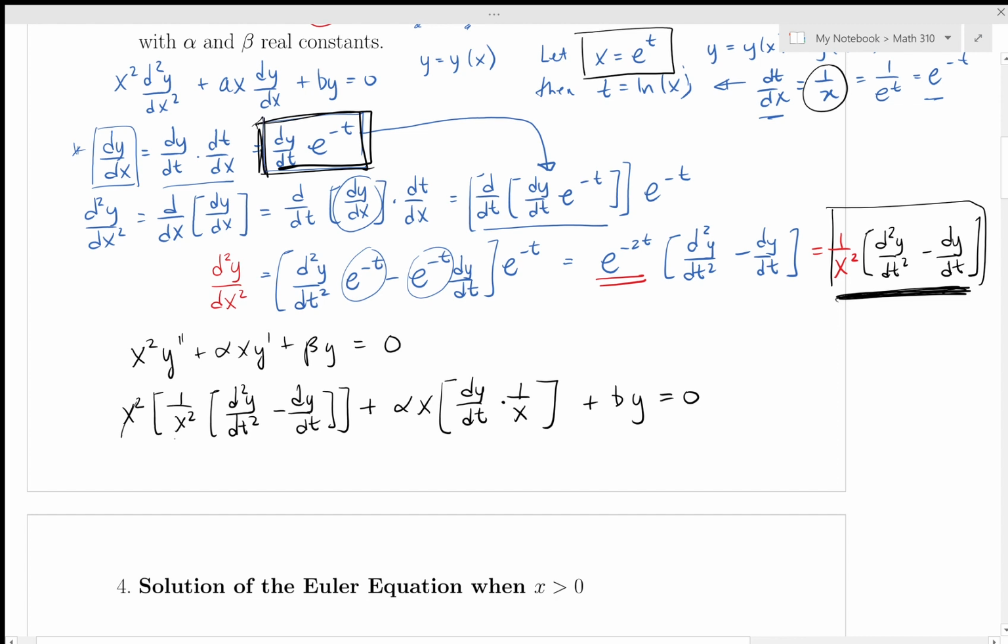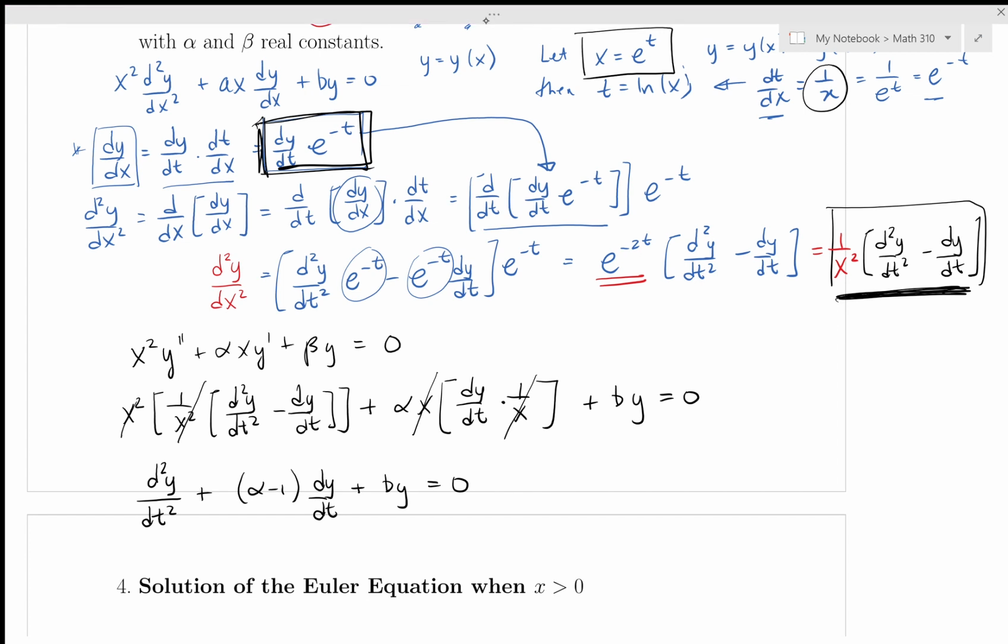Things are canceling out nicely. That is canceling out, and that is canceling out. And I rearrange a little bit, and I get d2y by dt squared plus alpha minus 1 times dy by dt plus beta y equals 0. Et voila! We now have a second order differential equation that's constant coefficient.